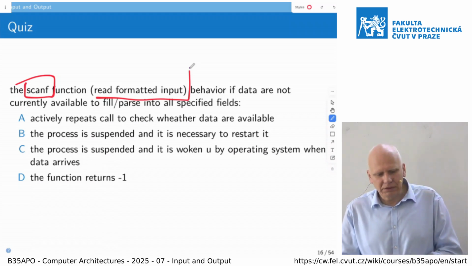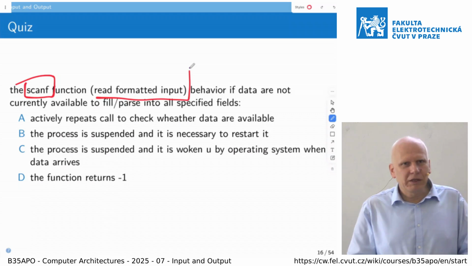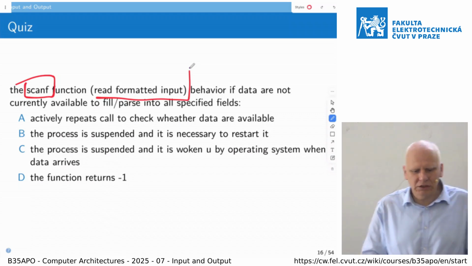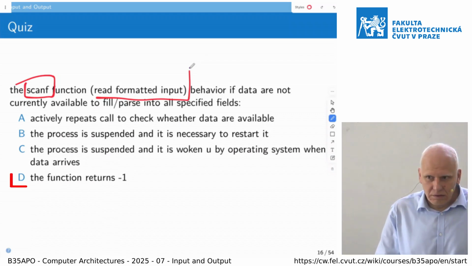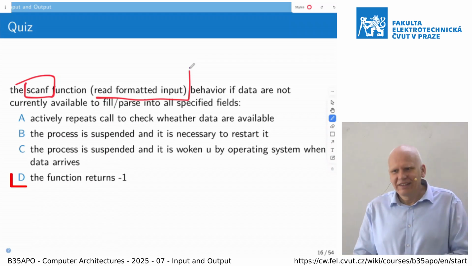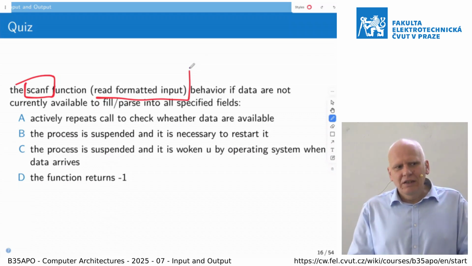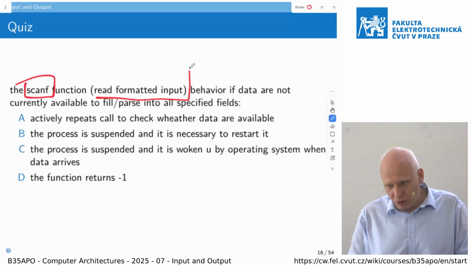What do you think happens in such a case? For example, if you send your image by pipe to your application or something like that. It would return immediately if you opened it with the open system call in non-blocking mode.